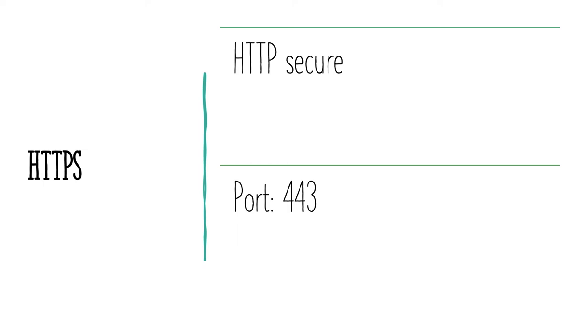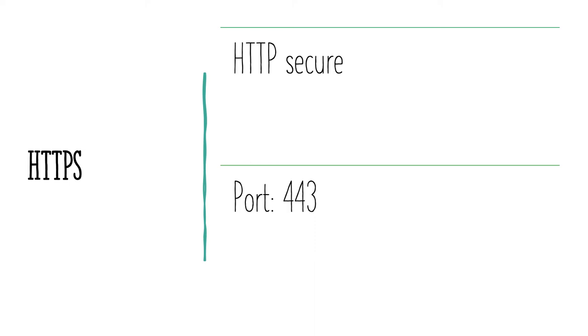In most browsers, you can see the lock icon at the start of the URL. Some websites redirect HTTP URLs to secure ones. For example, if we enter http://google.com, it will automatically redirect to the HTTPS version of it.